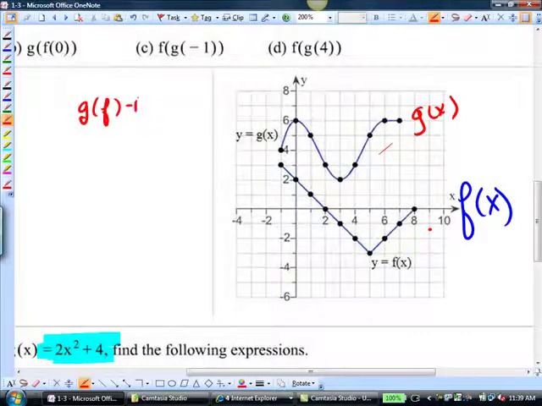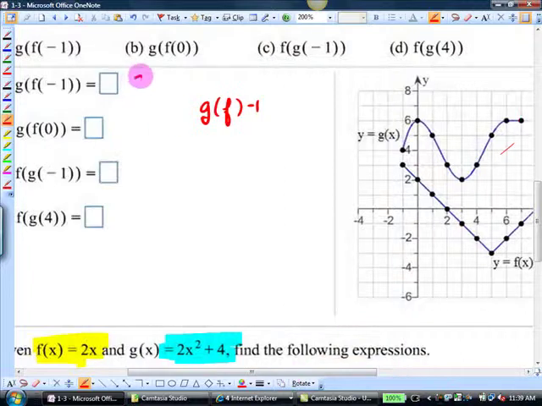We start on -1, and we're going to go to f. So that's at 3. Then we go to 3 on the x, and we go up to g, and it's at 2. So that one's 2.